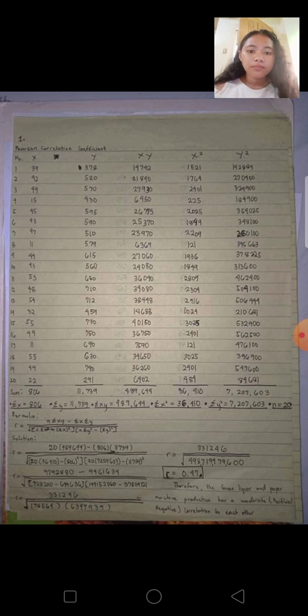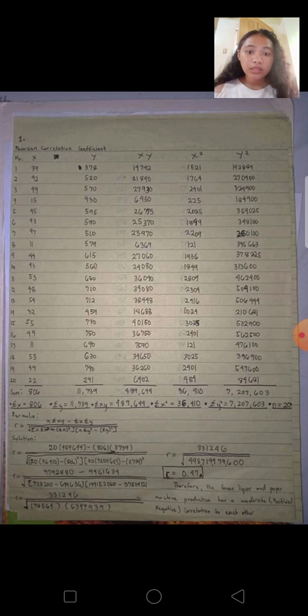And in finding the x squared, you should multiply the variable by itself. For example, in item 1, 39 times 39 is equal to 1,521. Then next is in item 2, which is 42 times 42 is equal to 1,764.